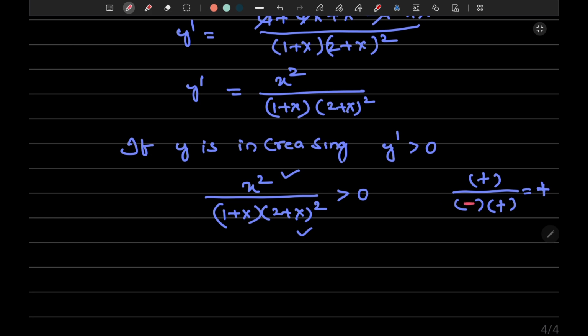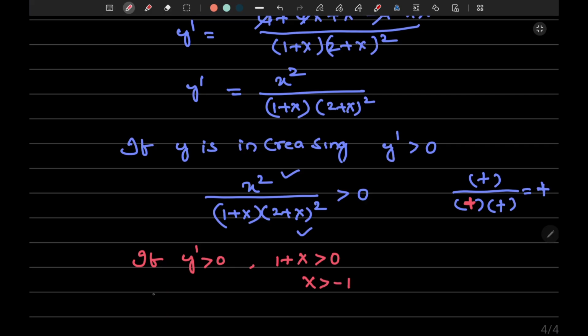Suppose 1 plus x is negative, what is my answer? It will come negative. Suppose 1 plus x is positive, then the answer is positive. So here y dash is greater than 0 if 1 plus x is greater than 0, which means x must be greater than minus 1.